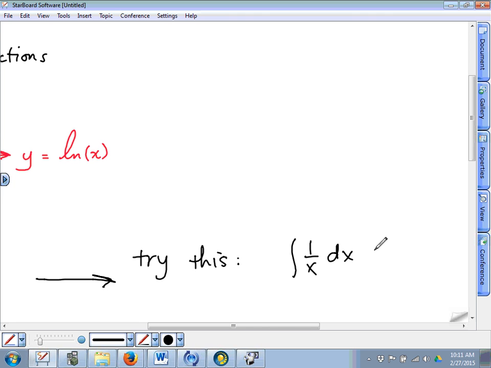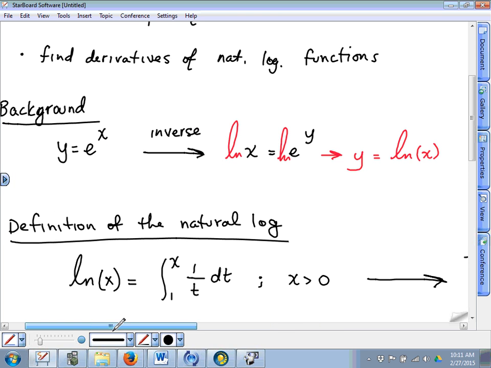Keep going. So hopefully by now you've tried this. But if you try to increase the exponent, what would it become? 0. But then you'd have to divide by 0. So you guys, rather than saying this integral just doesn't exist, mathematicians hundreds and hundreds of years ago developed a new function so that this integral could become possible.